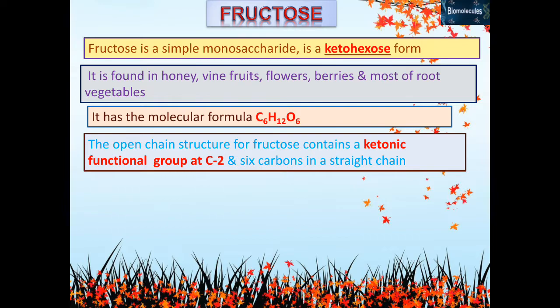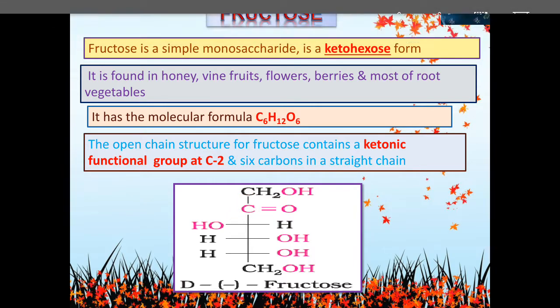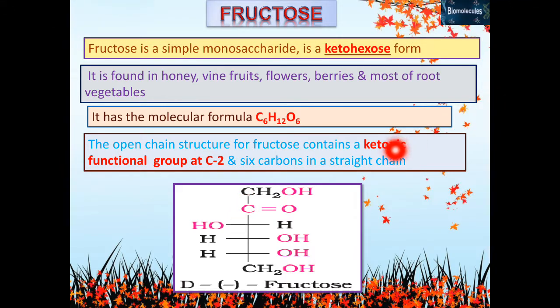This open chain structure of fructose contains a ketonic group at carbon number 2 and 6 carbon atoms in a straight chain. Look here, 6 carbon atoms are present in a straight chain. There is a carbonyl group, C double bond O, at carbon number 2. And this is called D minus fructose.